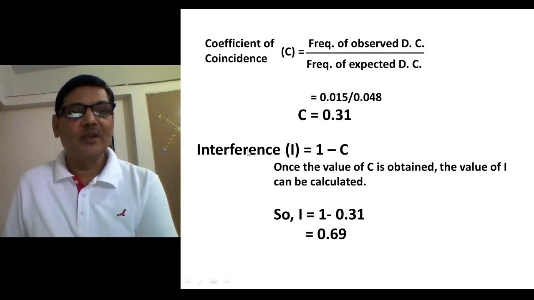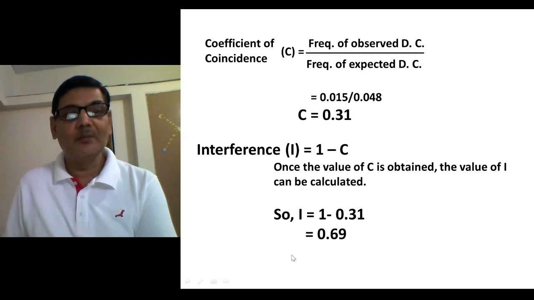Then interference you can calculate, because I is equal to 1 minus C, where C value you have just obtained, it has come 0.31. So 1 minus 0.31, the value comes 0.69. It means there is positive interference, yes, we can say that interference is there, because this interference could be 0, this could be 1, this could be even a negative value, but here we find that positive interference exists, and there is 69% interference in the crossing over.